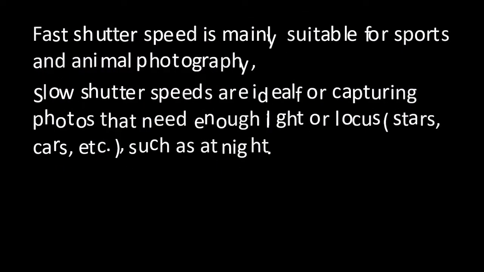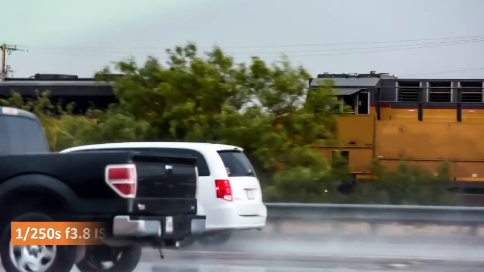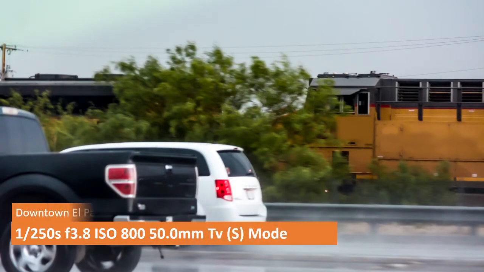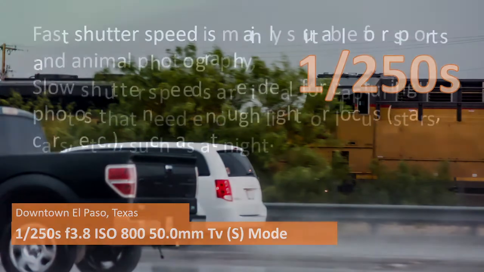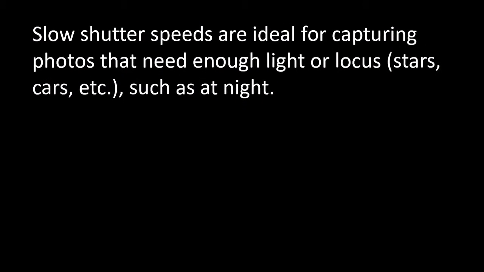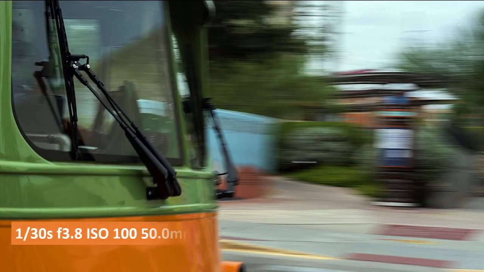Fast shutter speed is mainly suitable for sports and animal photography. Slow shutter speeds are ideal for capturing photos that need enough light, such as stars, cars, etc., at night.